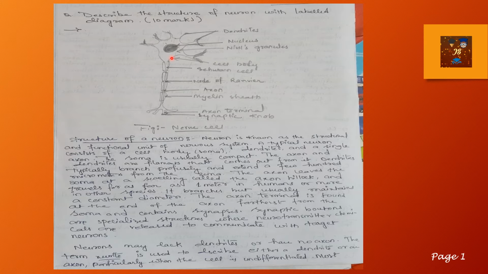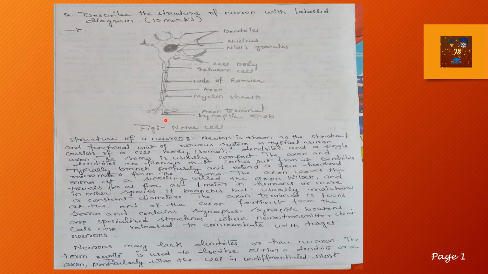Also this is the cell body, Schwann cell is present, nodes of Ranvier. The total portion is known as the axon, and then axon terminal and synaptic knob. Here some button-like structure is present, the synaptic knob, through which the acetylcholine or ACH, known as the neurotransmitter, is present.